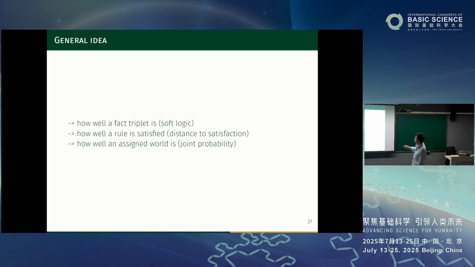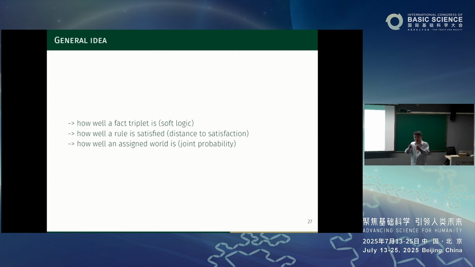Here we use soft logic to do this. Later I will tell you what soft logic is. Once you have the truth scores of facts, you can determine if a rule is satisfied or not. You have to give a measure to determine this, because a fact is not 1 or 0; it's something between 1 and 0.